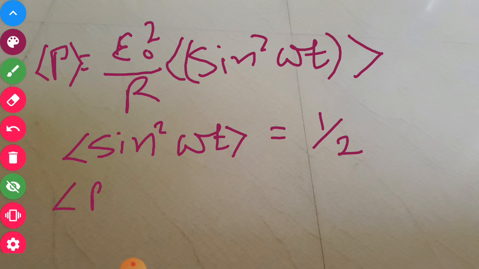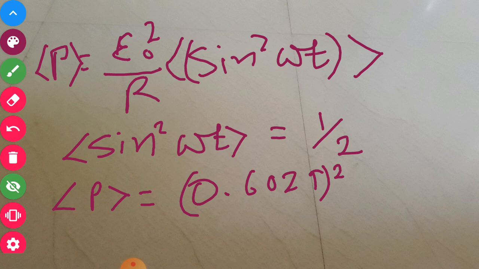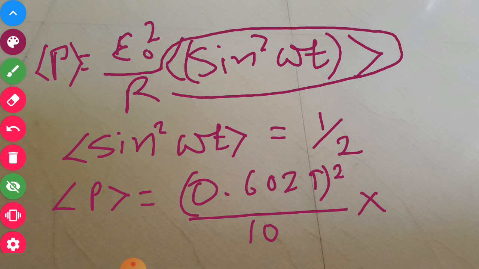So average power can be written as E0 square, as you know E0 square we have 0.6029, divided by the resistance of 10 ohm, multiplied by the average of sine square omega t, that is 1 by 2.